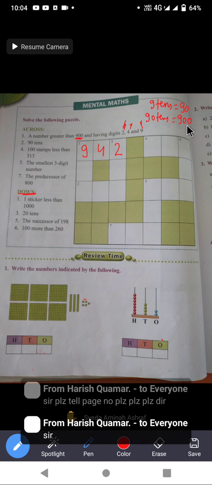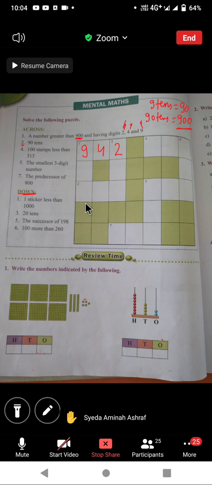If I write 90 tens, it will be 90 and one more 0 after that. So 90 tens equals 900. So in the second part we have to write 900 across. Where is the second? This is the second one, number 2 is written here. So here we have to write 900.